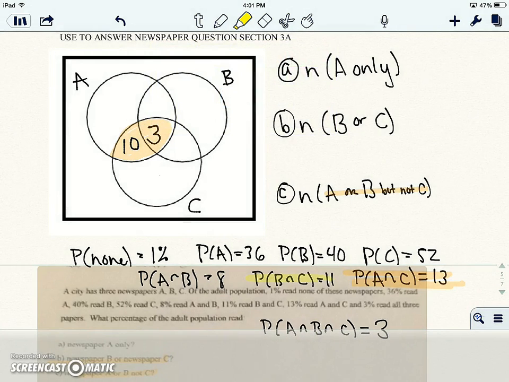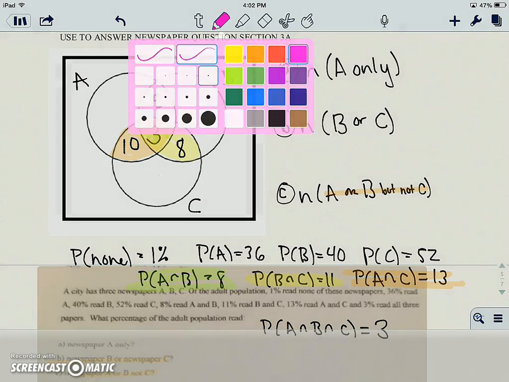Okay. There are 11 in B and C. 11, take away 3, would be 8. And there are 8 in A and B. 8 take away 3 is 5. Now we look at the big pieces.